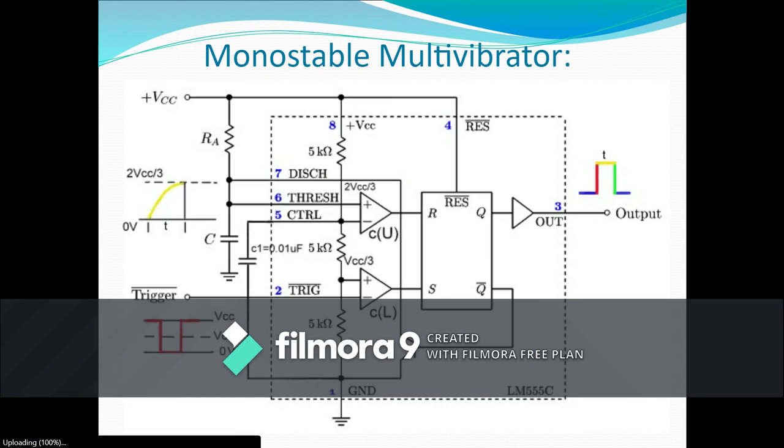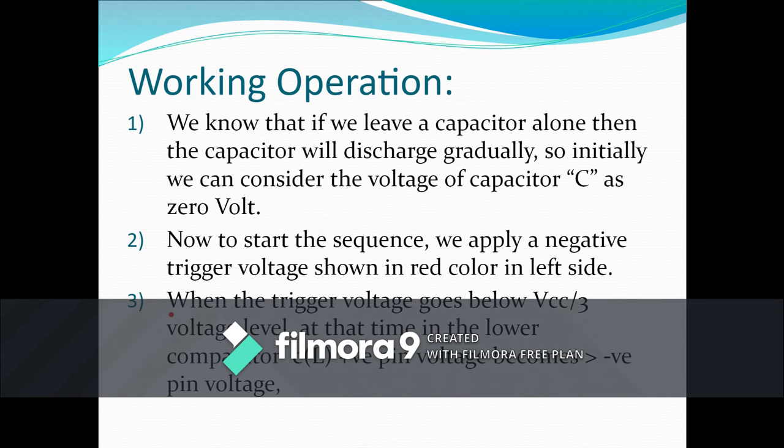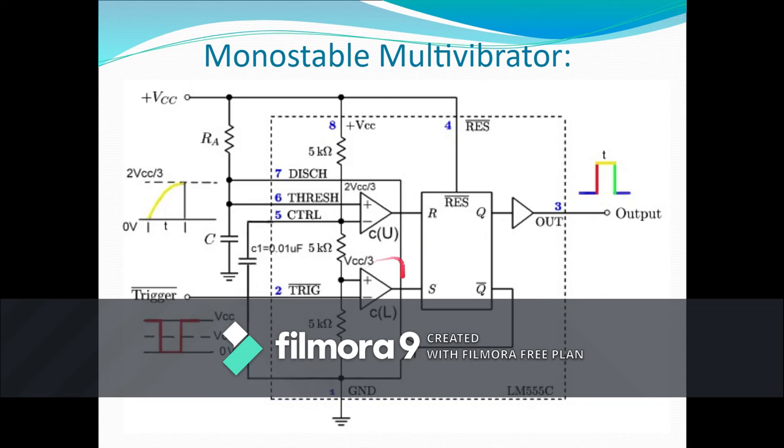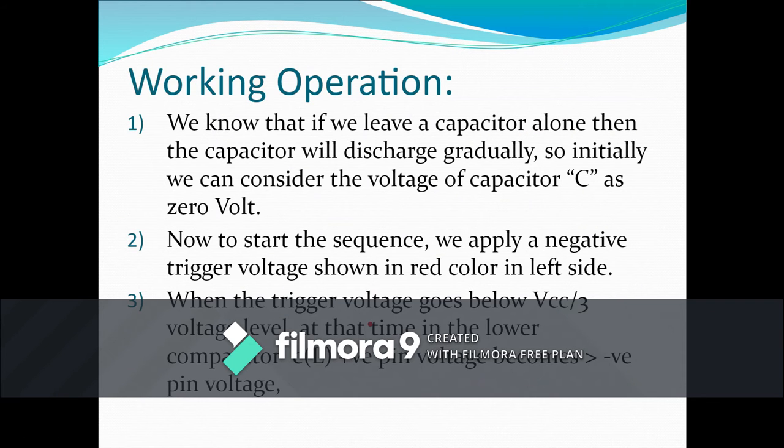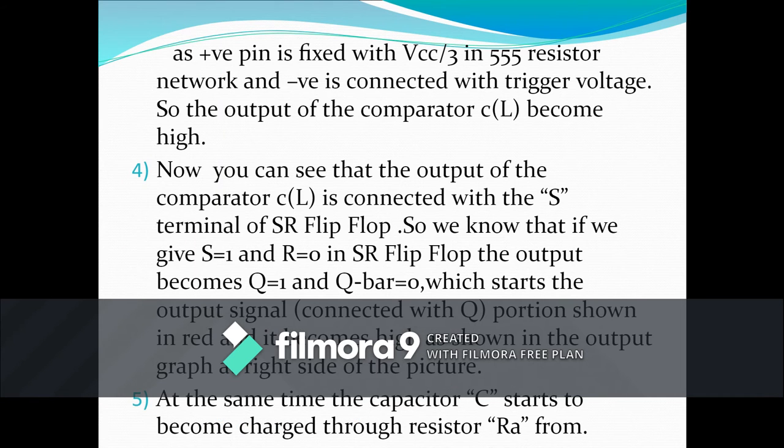This trigger voltage is sent so that the sequence gets started. When the trigger voltage goes below VCC by 3, that is 1/3 of the VCC voltage level, the lower comparator, the operational amplifier at the bottom, will be activated. When this activates, the positive voltage pin becomes greater than the negative voltage pin, because the positive pin is fixed at 1/3 of VCC, as we saw in the circuit diagram at the start.